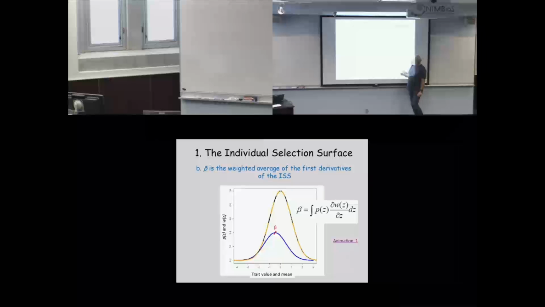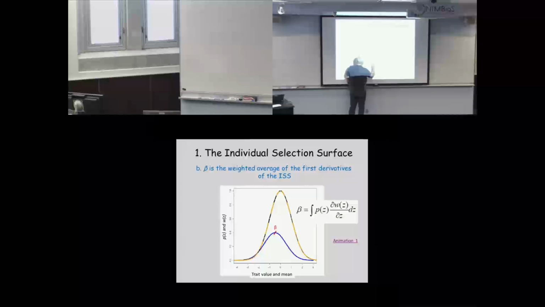So to calculate beta, if we knew this function, we have to know both the frequency distribution before selection and the orange individual selection surface. We have a computer, so we can just calculate it: here's a first derivative at this position, we multiply that first derivative by the frequency of the trait distribution at that point, and keep summing up those contributions.